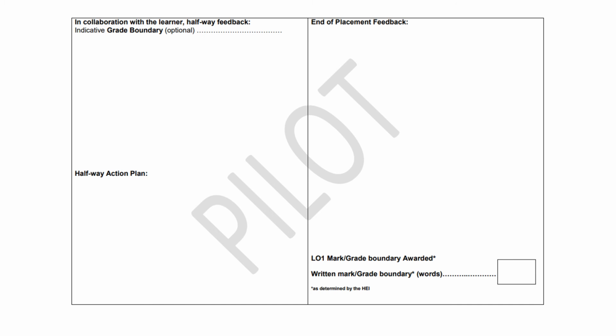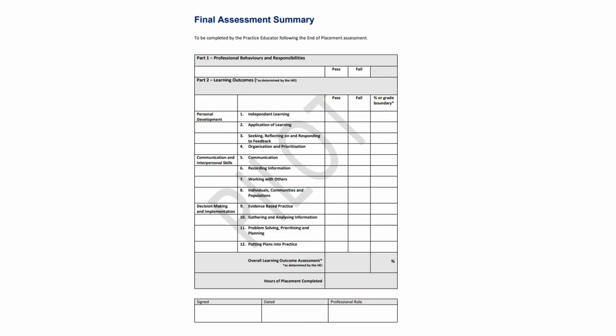Again, it has space to be completed in collaboration with the learner at the halfway and end of placement points. There is space for an optional indicative grade boundary at the halfway point and space for the overall result. Again, we encourage using the halfway to see how the learning may be planned for the second half of the placement. This page in CPAF allows the practice educator to see the assessment outcome from all parts on one page.